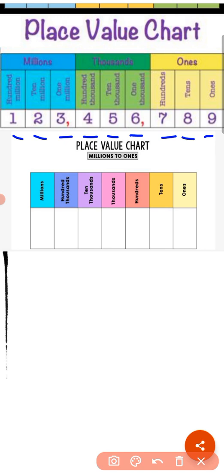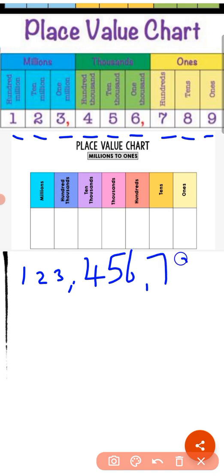Okay, there are 3 groups, 7 8 9, that is hundreds, tens, ones in ones group, 4 5 6 in thousands group, and 1 2 3 in millions group. Okay, first we will write the number 1 2 3 comma 4 5 6 comma 7 8 9.